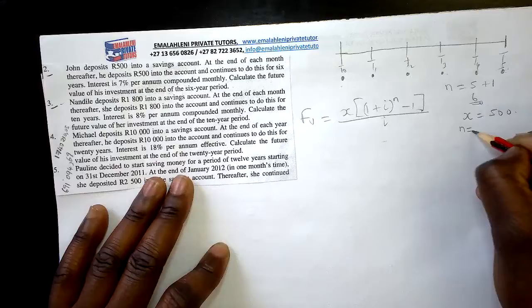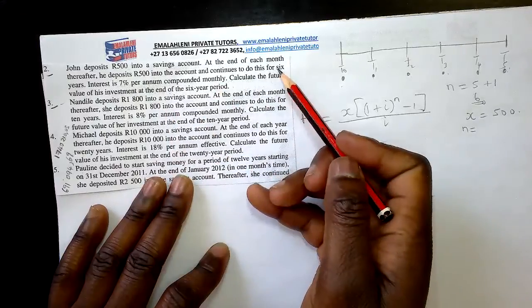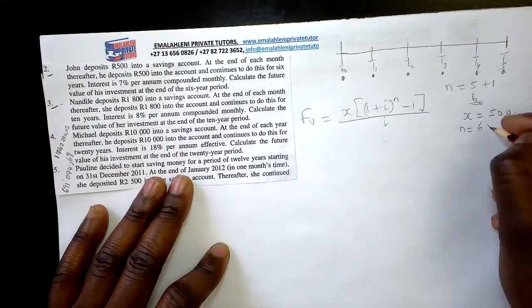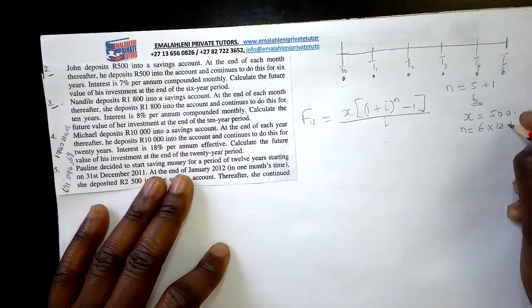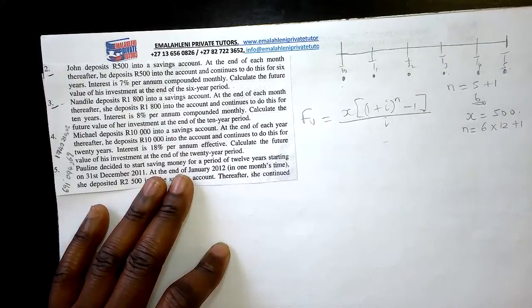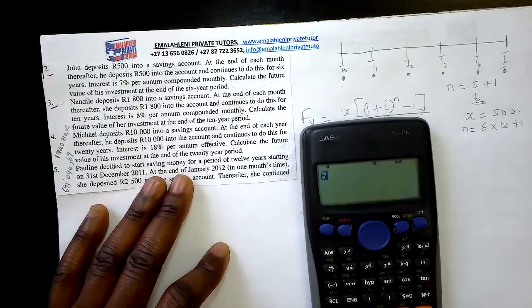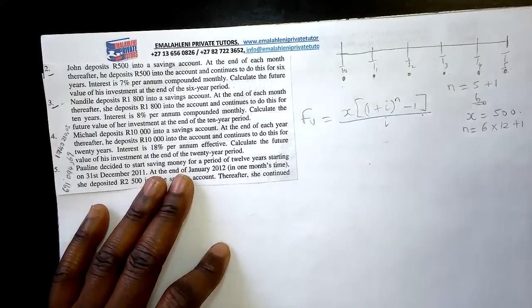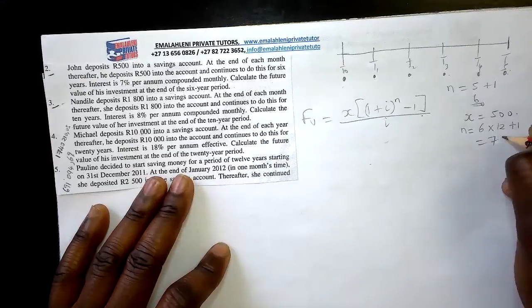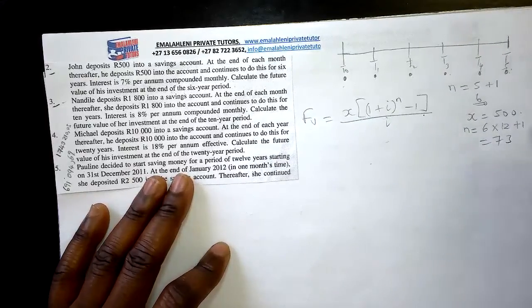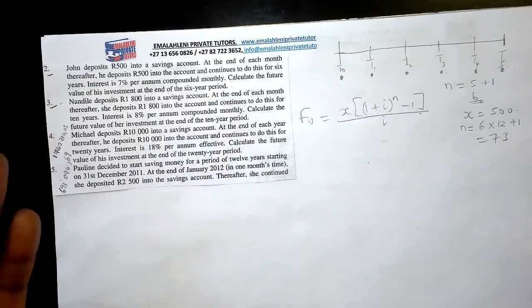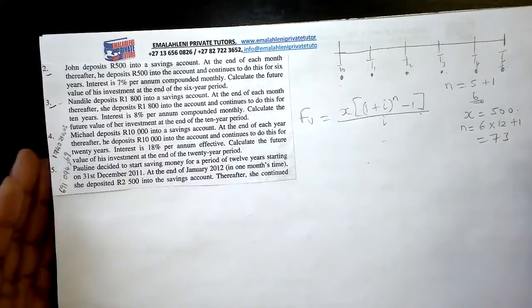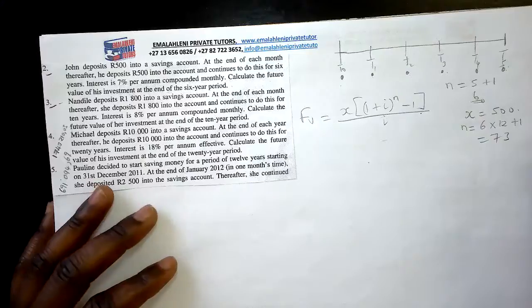We are saying 6 years, so it's 6 times 12 months, plus 1. So it's 6 times 12 plus 1, we get 73. Not 72, because 6 times 12 gives 72, and when you use 72, you didn't make 72 payments. That's the problem.